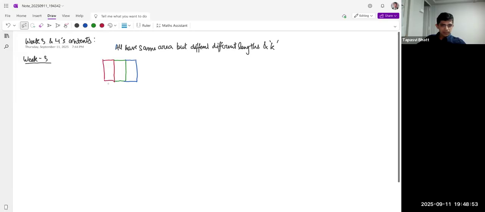Let's assume this is L1, this is L2, and this is L3, and this has an area of A meter square. This is actually 3D, so the frontal area is what I'm talking about.